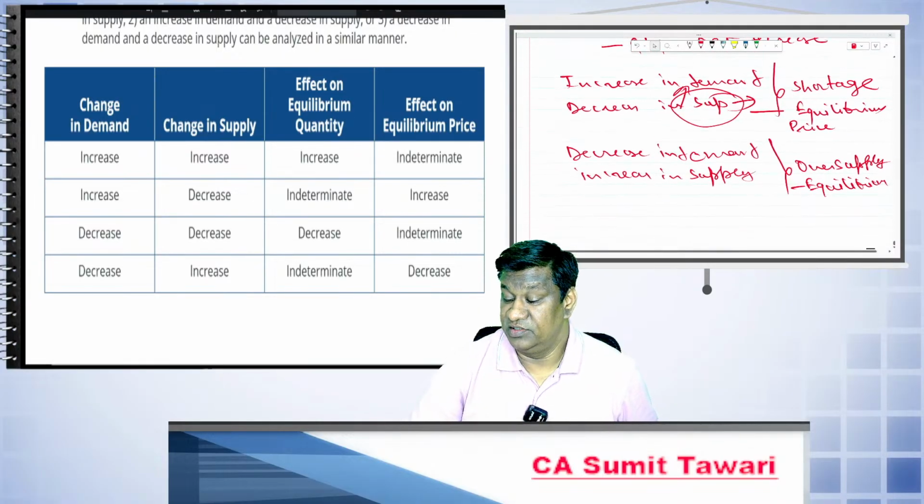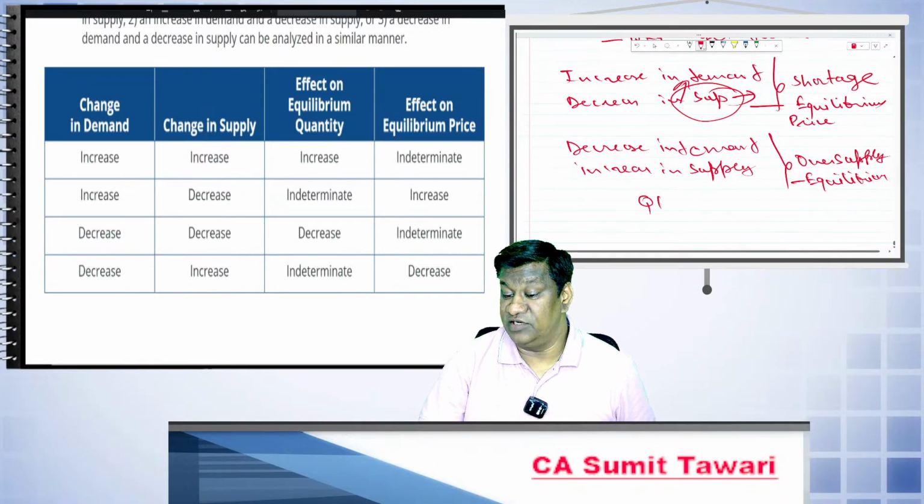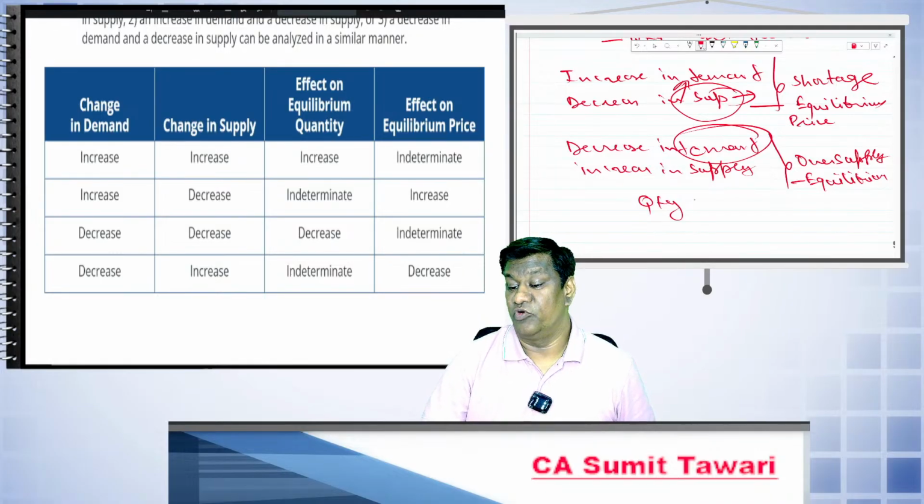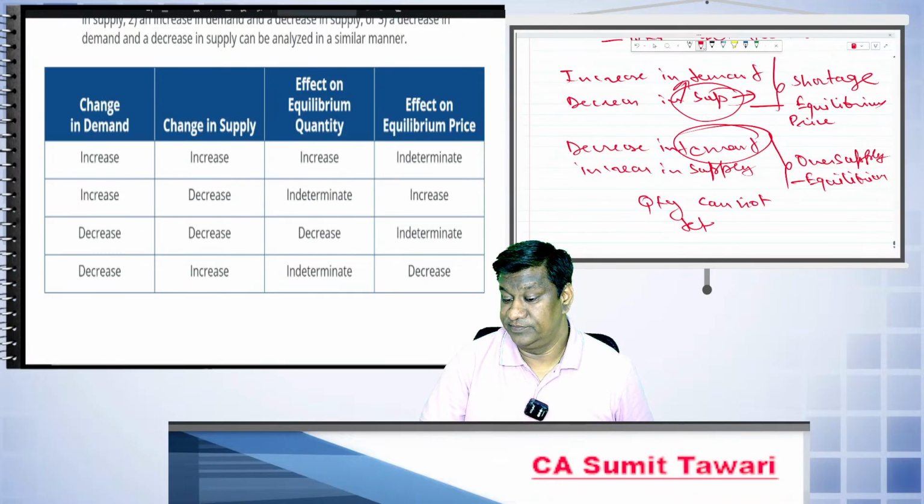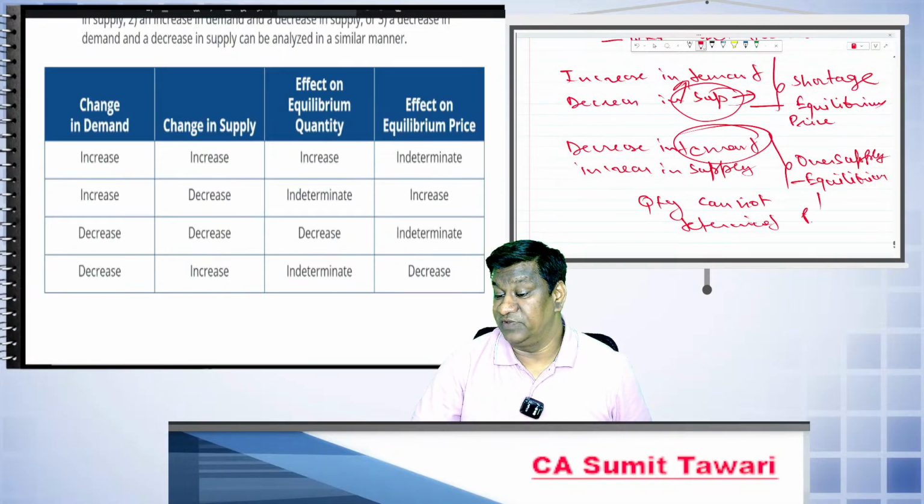But quantity you cannot decide, because it depends on the customer. Quantity cannot be determined. But definitely the price will decrease. Why will the price decrease? Because the supplier needs to clear their stock.